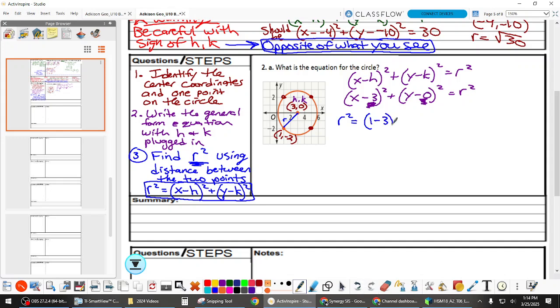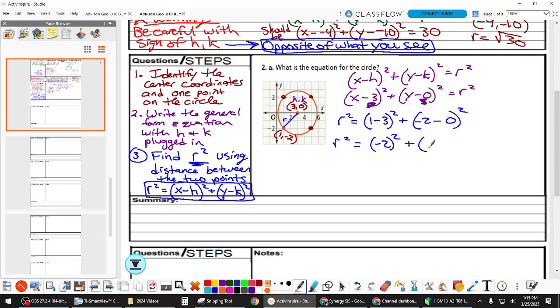1 minus 3 squared. That is x minus h squared. Plus negative 2, so y minus k, which is 0 squared. Everybody see what we just wrote? Like where it came from? X minus h, y minus k. And then square both. R squared equals, what is 1 minus 3?